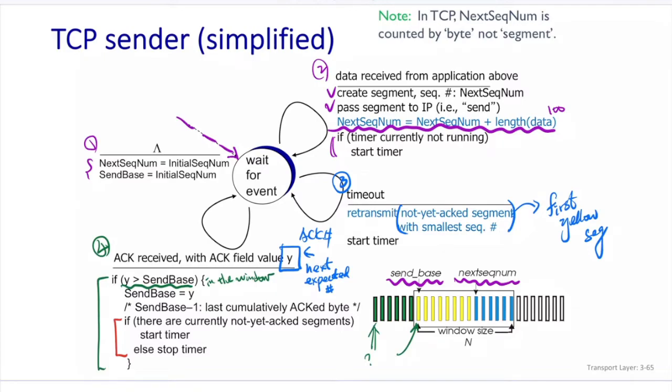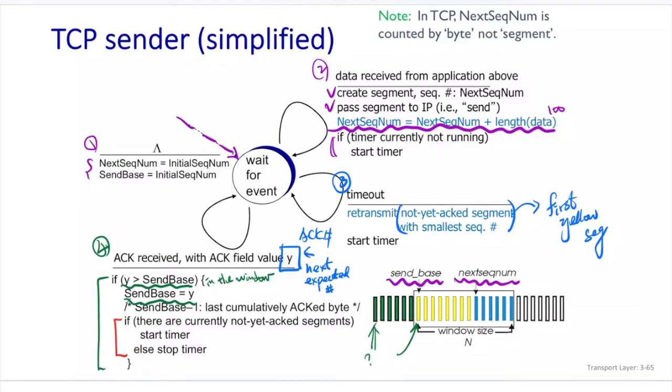When you receive such an ACK, you simply ignore it, because it is a green one and you already know the packet was received previously. So if Y is larger than send base, meaning you receive a new ACK that is in the window, then you move your send base to Y. That means you move the window, because TCP uses cumulative ACK, so you can directly move ahead.